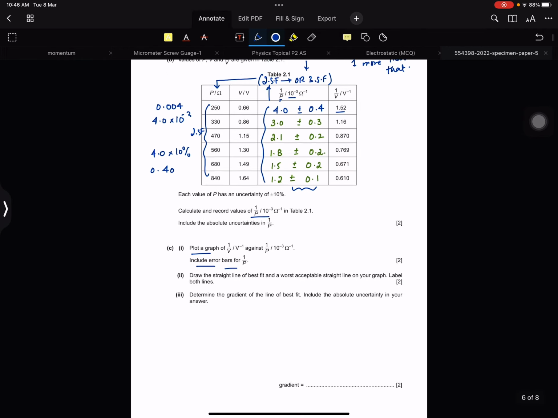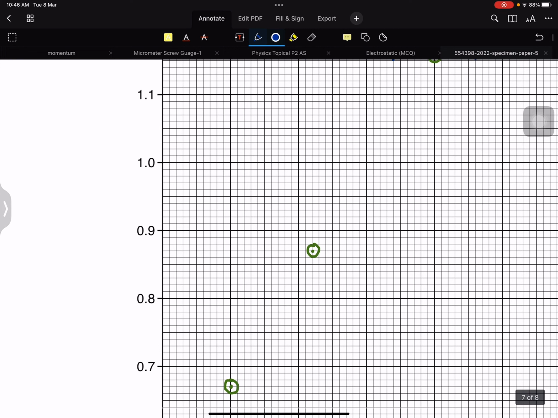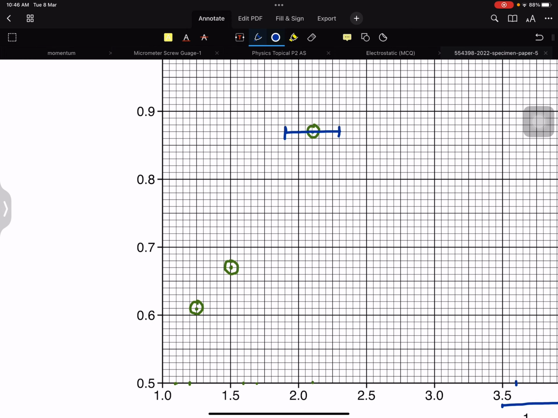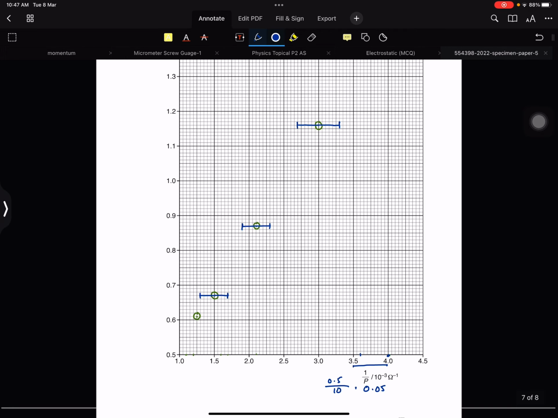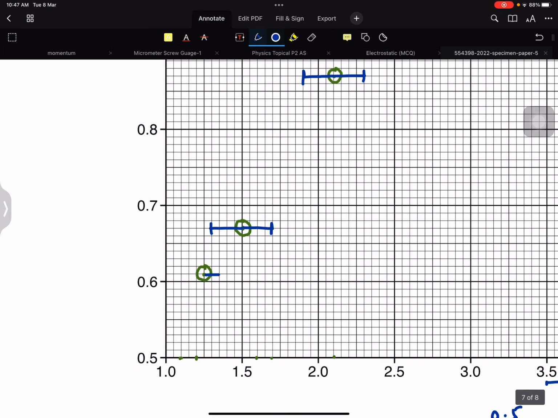Then the next one is 0.2, so I'm going to draw 1, 2 and 1, 2 like that. The next one is 0.1, so 1 and 1 like that.